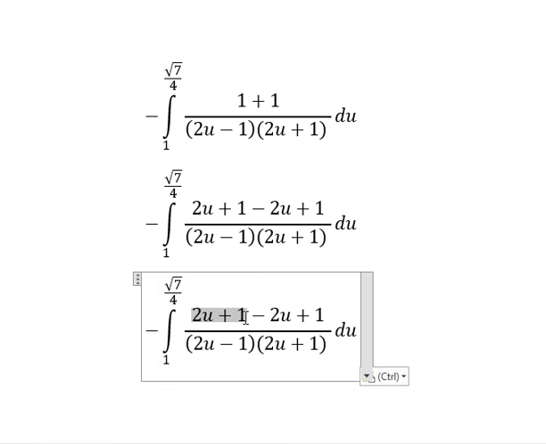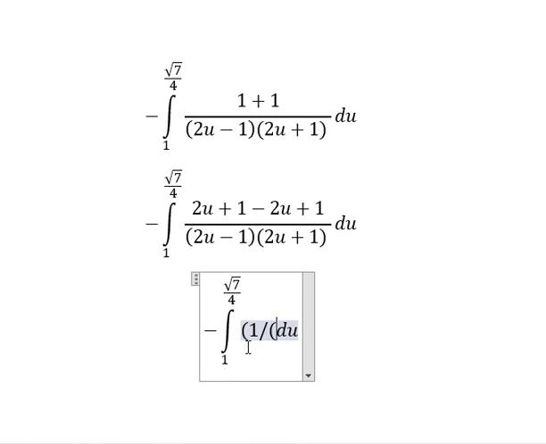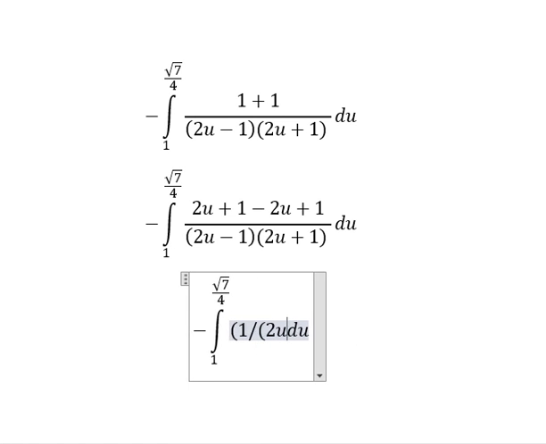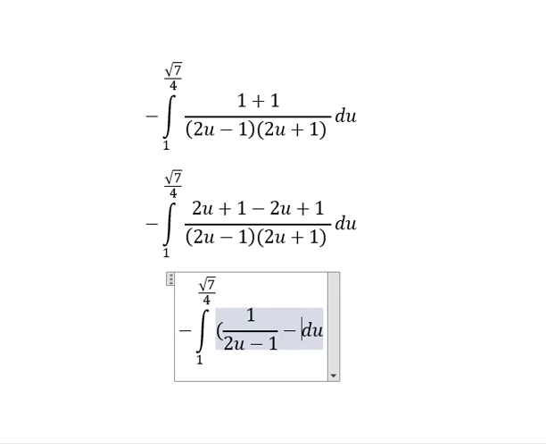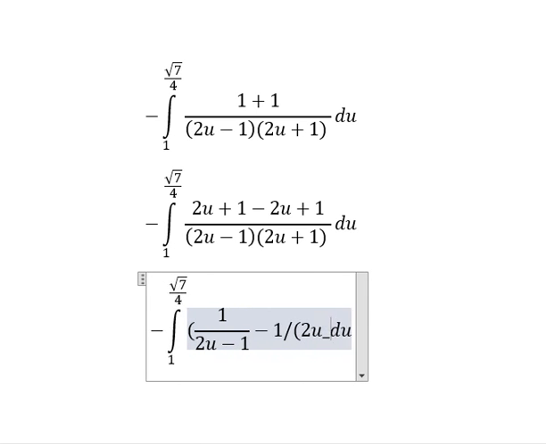So this one divided by this one, and this one we can put like this. And this one divided by this one. Now we have 1 over 2u plus 1, 2u minus 1, minus 1 over 2u plus 1.